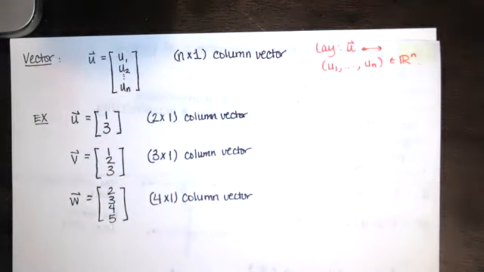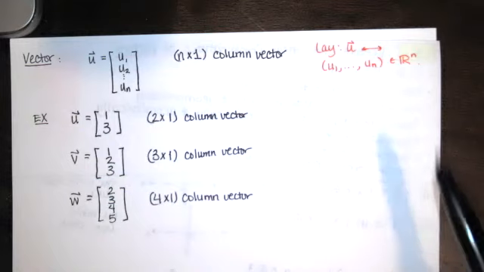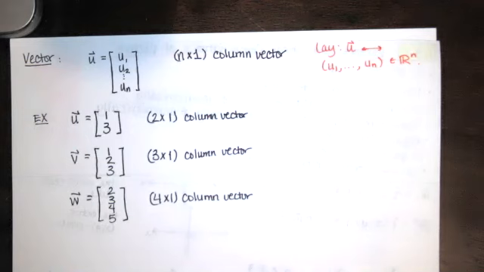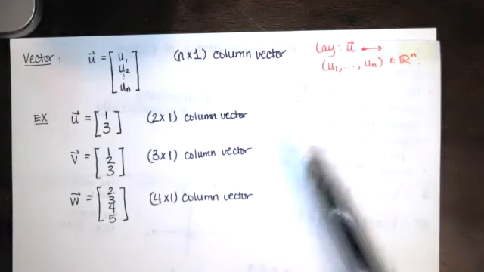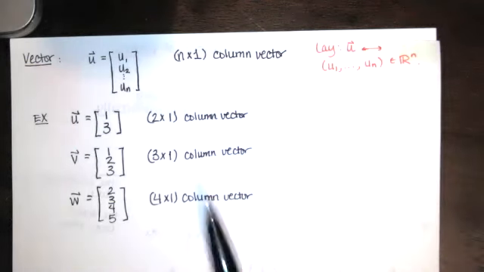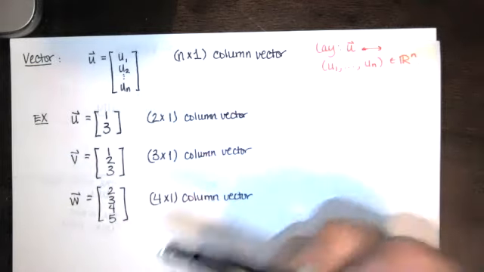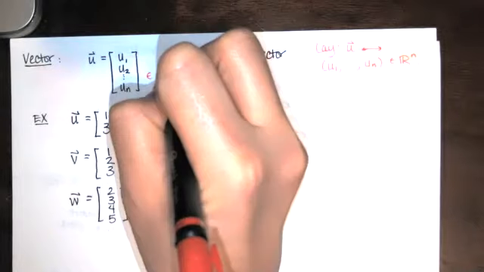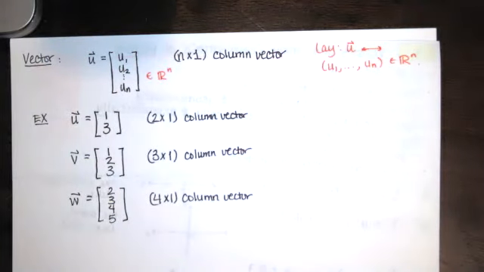It's a little bit different than what we did in Calculus 3. In Calculus 3, we said that these points were different from the vectors that pointed to those locations. But Lay is saying that we're going to use those interchangeably. We're going to think of u as being a value in n-dimensional space.